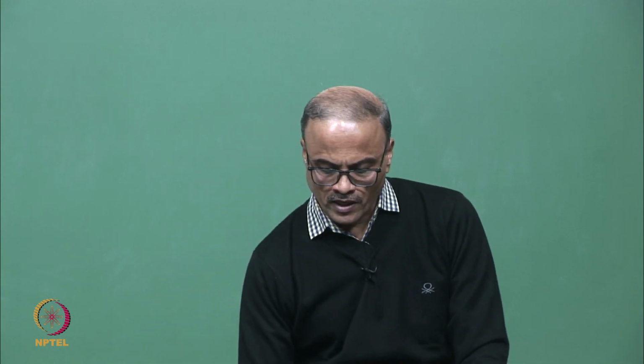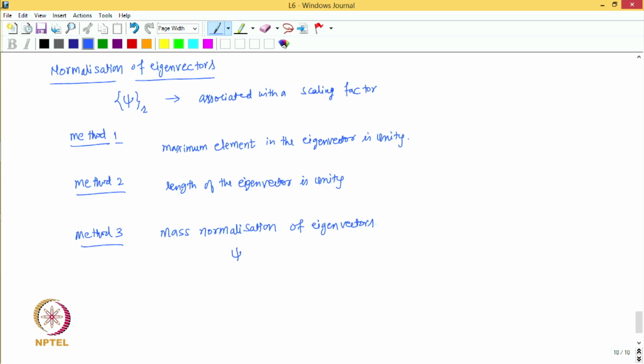So, if I have the eigenvector psi r, then we divide this eigenvector by the square root of the corresponding modal mass. This gives us a new vector, let us represent it by phi, right.